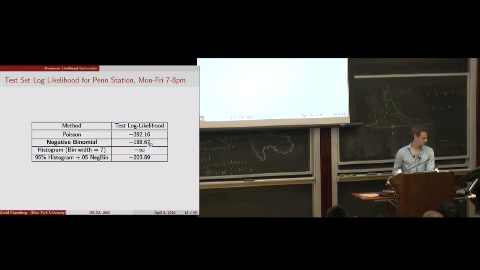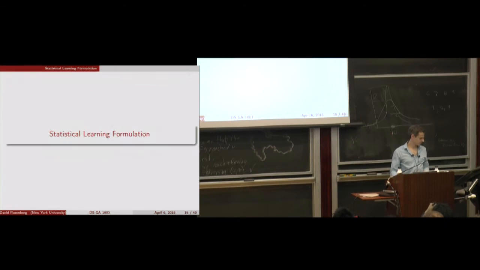On the right, I've computed the test log likelihood for each of these models, so the average log likelihood of all the predictions made. It's a way to assess different models numerically on test. Okay.